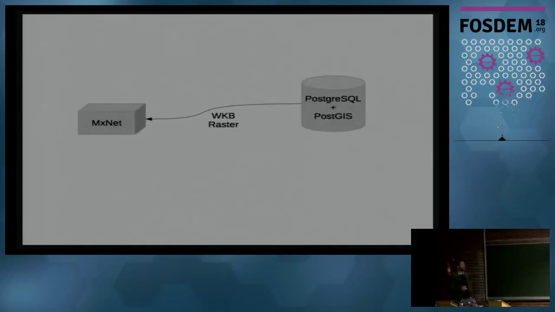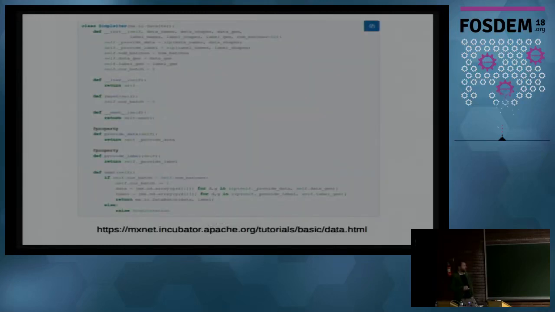And so what we do, we use classical GIS tools such as PostgreSQL and PostGIS and connect them to MXNet for all the deep learning stuff. And the connection between the two is related to WKB raster, which is able to convert between PostGIS raster and NumPy arrays, n-dimensional arrays.